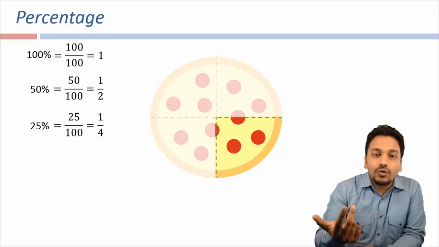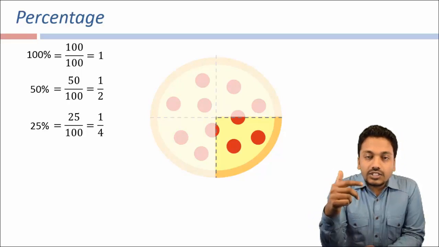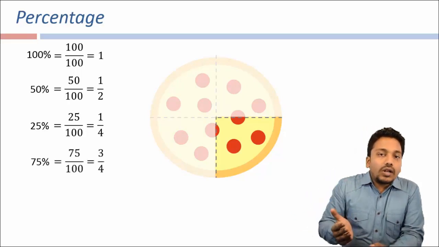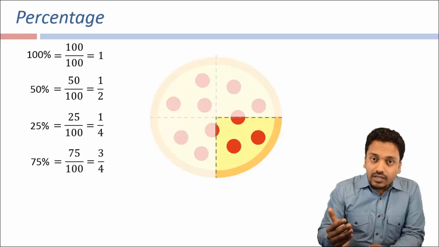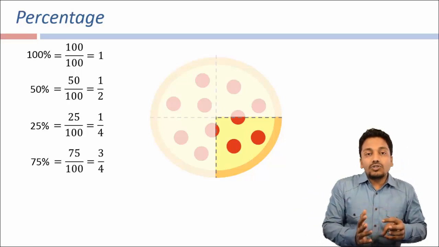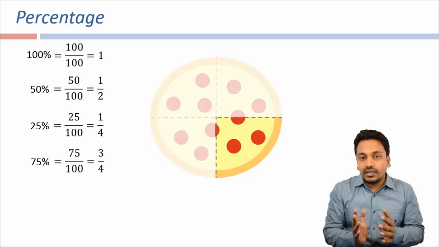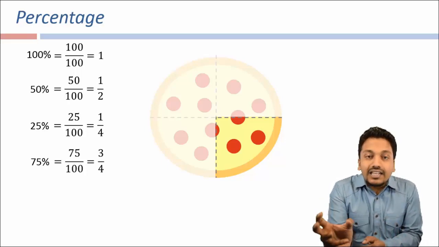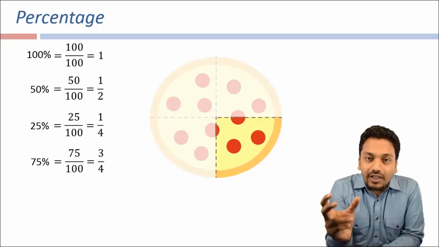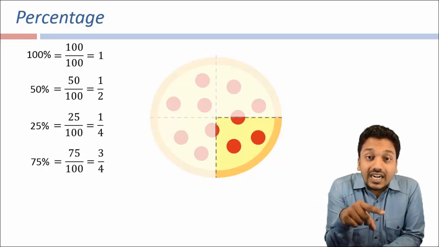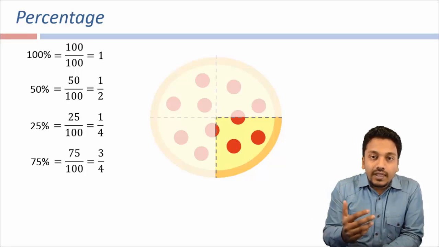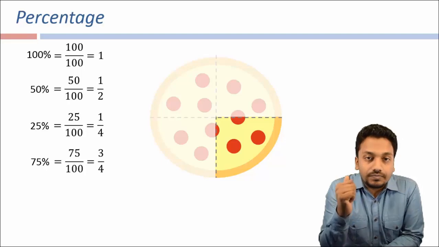Next, 75%. 75 upon 100 is 3 by 4, and 75% is also 100 minus 25%. So if 100 was 1 full pizza and this slice on the screen is 25%, then the remaining shaded pizza represents 75% of the pizza. So these are 3 slices out of 4, and hence the fraction 3 by 4.